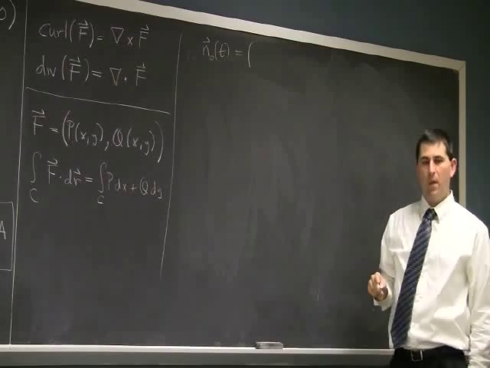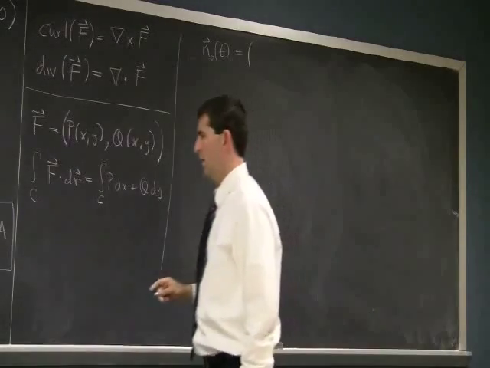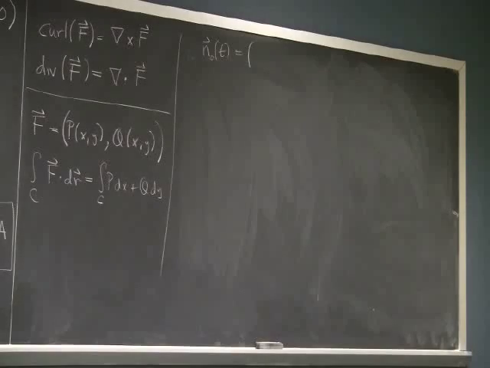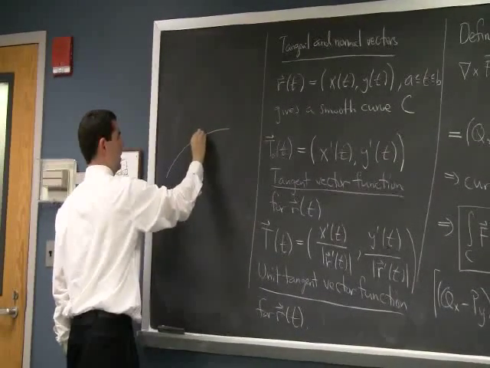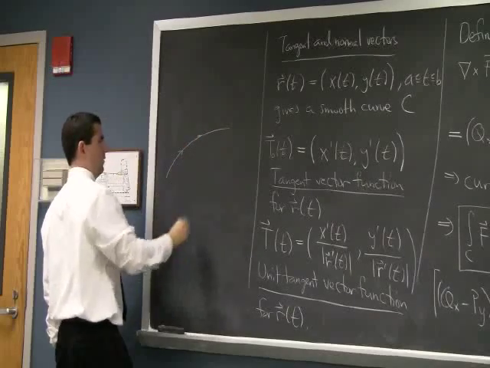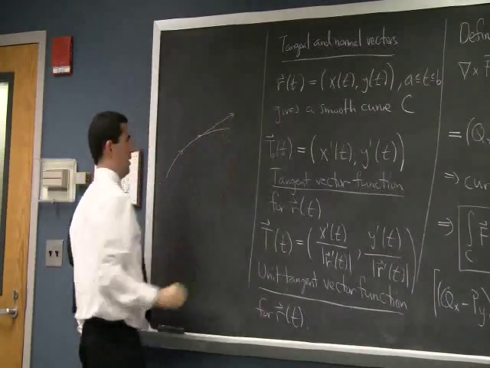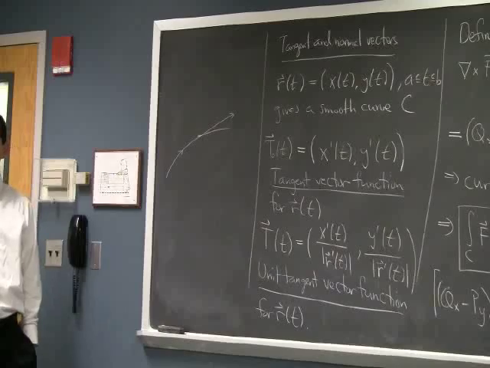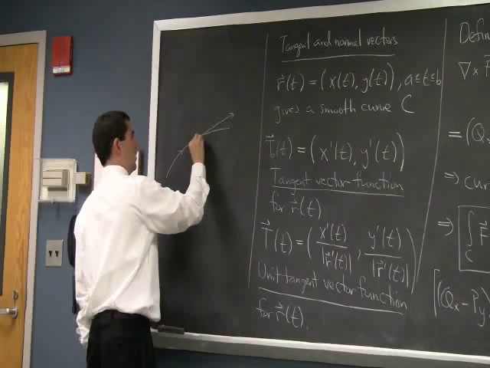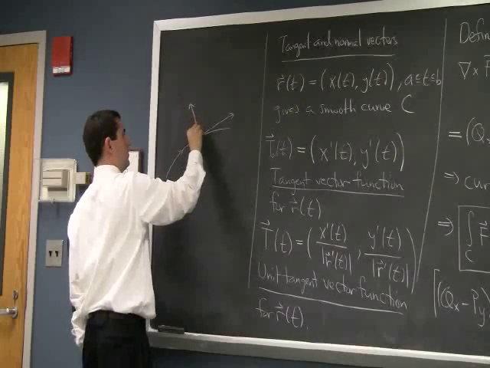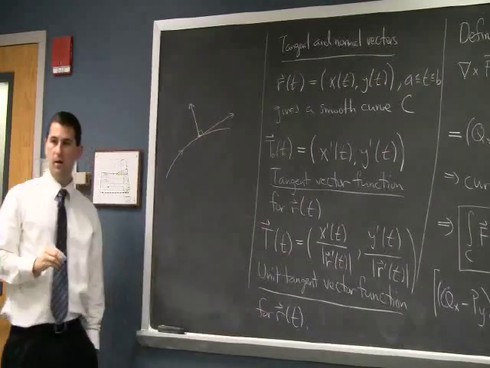Okay, so when you're drawing, let's draw a picture here quickly. If you have a curve and you pick a point, say the curve is going that direction, you draw this nice tangent to it. You can also draw a line which is perpendicular to the tangent.